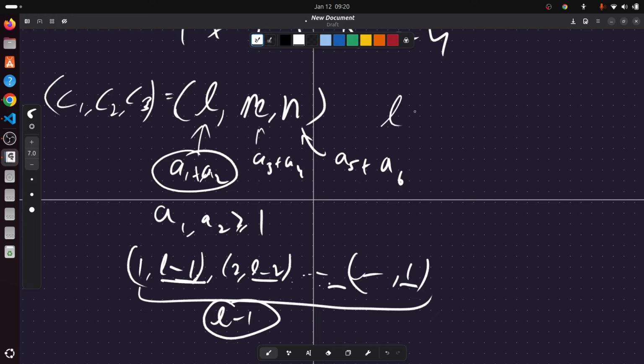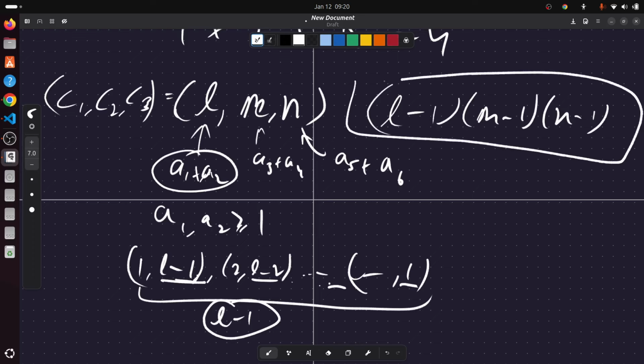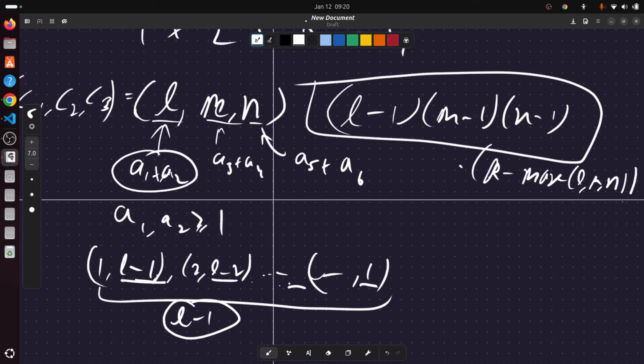So the total number of 6-length arrays would be equal to L minus 1 into M minus 1 into N minus 1. We can simply iterate over all these values of L, M, N, and add L minus 1, M minus 1, N minus 1 into K minus max of L, M, N, where K is the sum of L, M, N. So that is the answer.